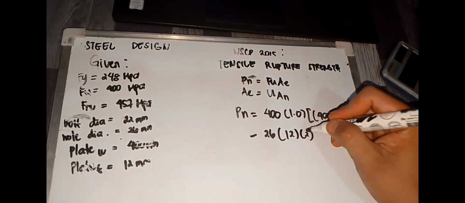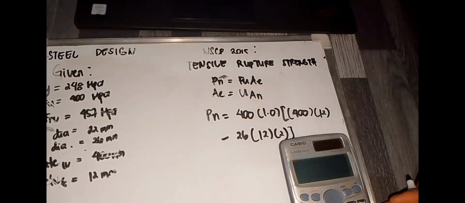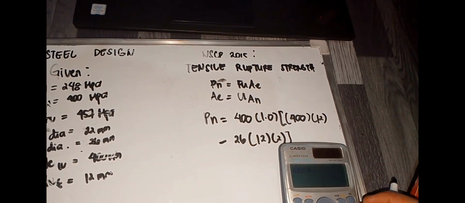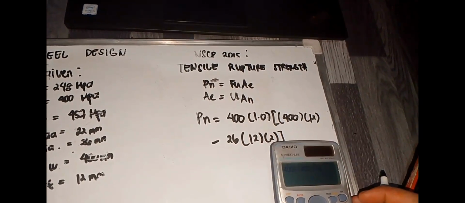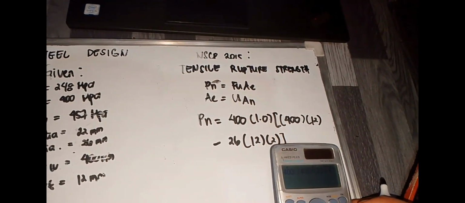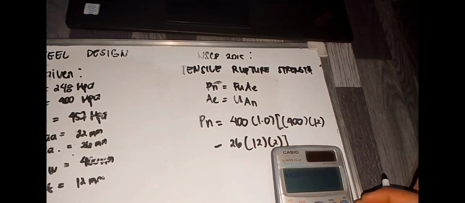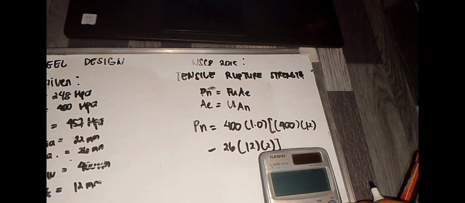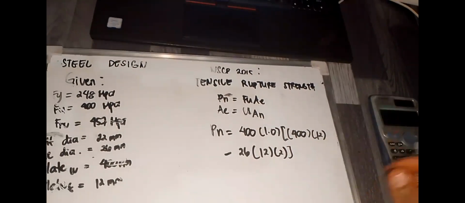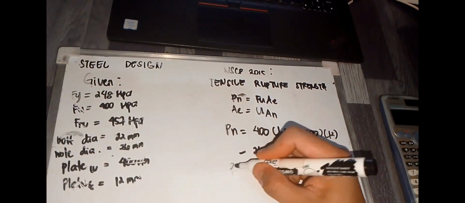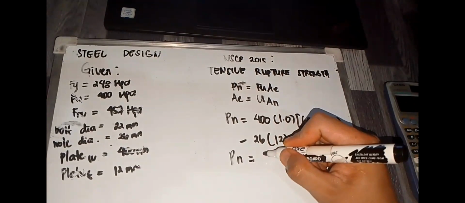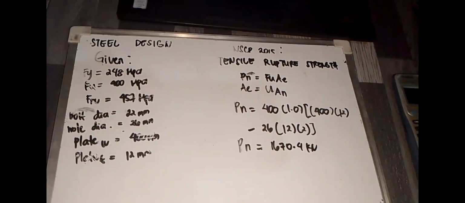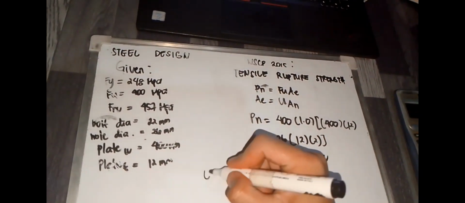So upon solving, we can get Pn equals 1670.4 kilo Newton.